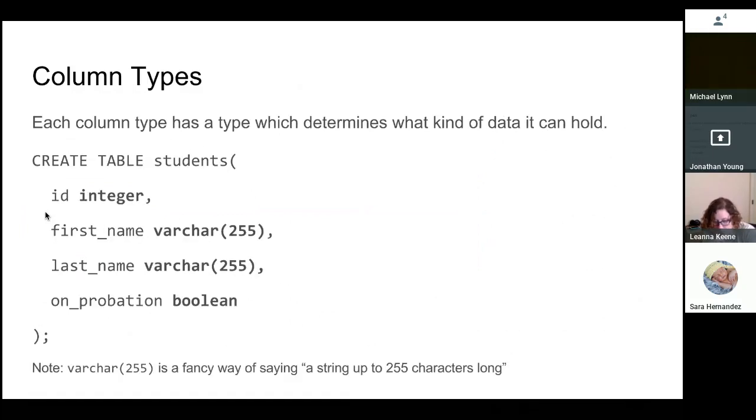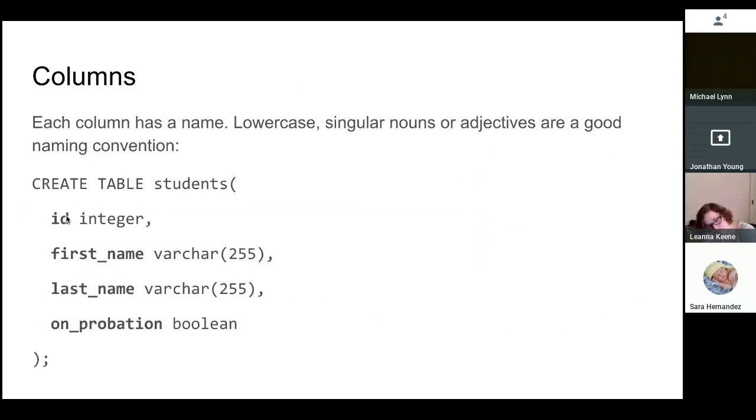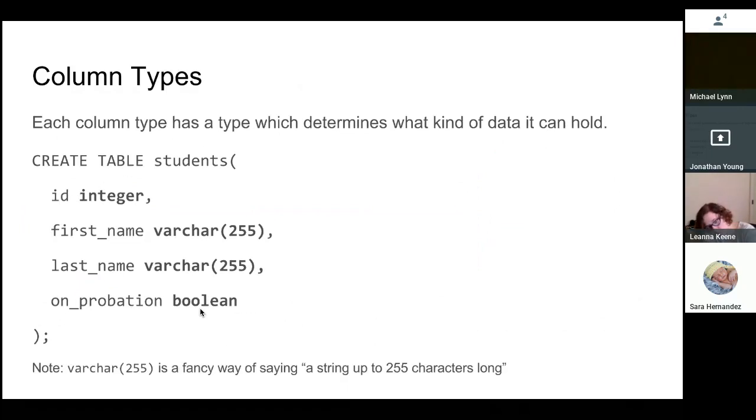Now, you may have seen when we looked over here, like ID, integer, varchar, boolean. Basically, you're telling your database these particular columns can only hold this type of data. It's not like an array where you can throw in numbers, other arrays, hashes, strings. You can't do that. You have to be very, very strict. And this is what I mean by this being a very strongly typed language. It will only accept what you tell it to accept, and it will tell you when you're wrong.